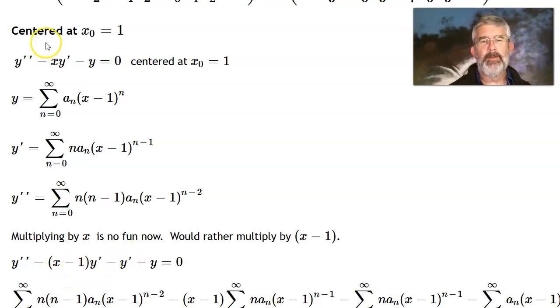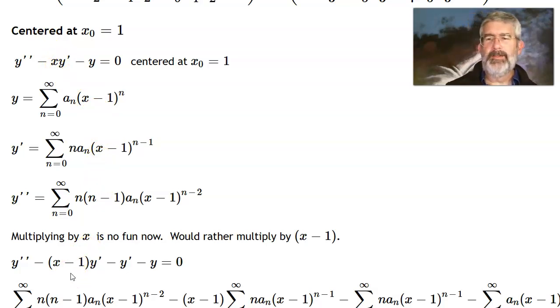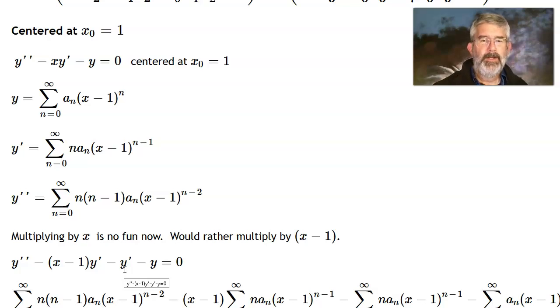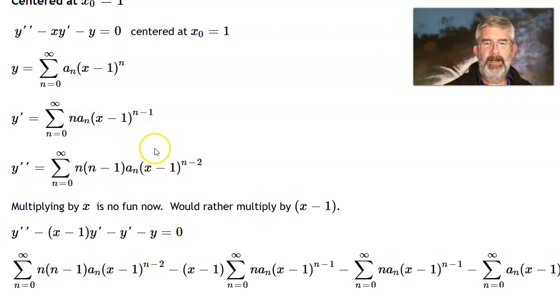Those would disappear and you'd be right back to where you started from. So I changed it into what I wanted, and then I compensated to make sure it's equal to the same thing. But now I'm multiplying by x minus 1, which is going to be easy to do. And then I just got that y prime by itself, which is already in terms of x minus 1s, and so we're good.